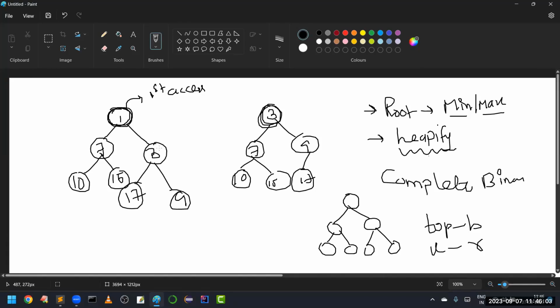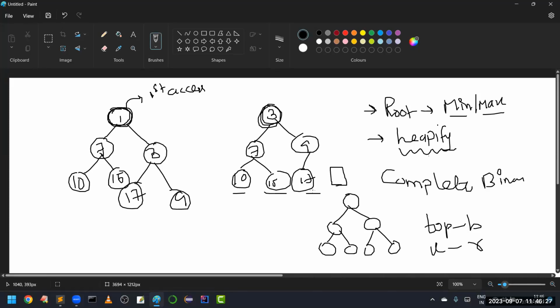After removing 1, 3 came here and 9 came here. I'm keeping 17; don't bring 17. If you bring 17, some other element will be here and this position will become empty. So in the third level, first element, second element, third element, if any is empty, we have to fill it here. Like that we have to implement the program.